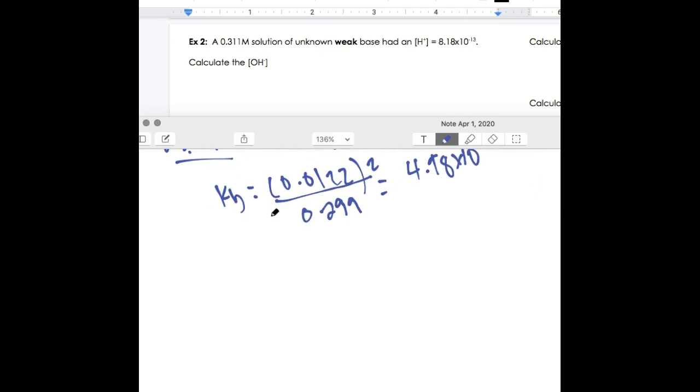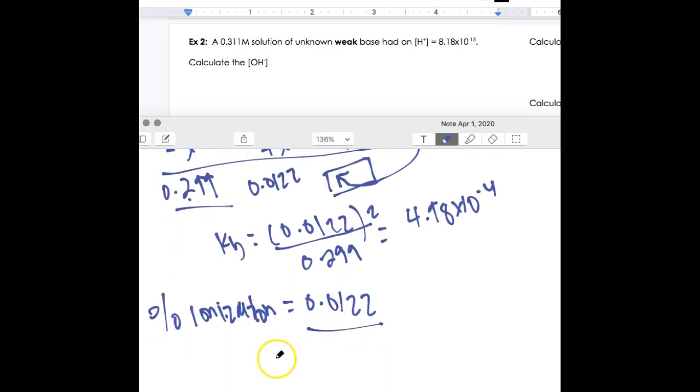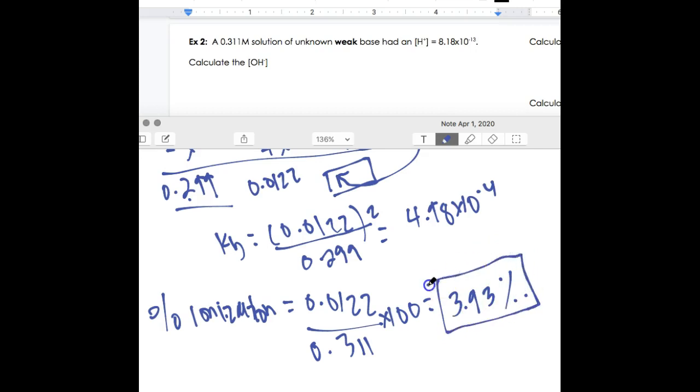So percent ionization is equal to 0.0122 over total. You have to use your total. Remember, percentages are part over the whole. Times 100, you'll get the amount of base that will dissolve in solution.